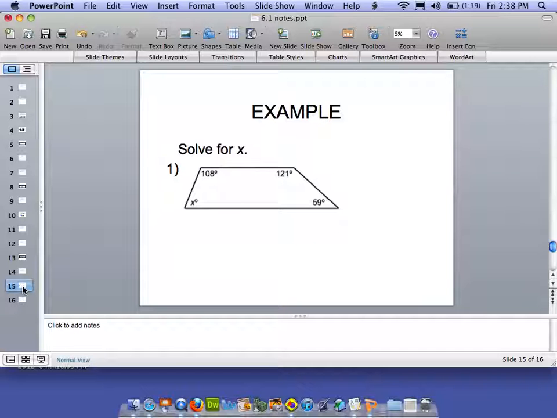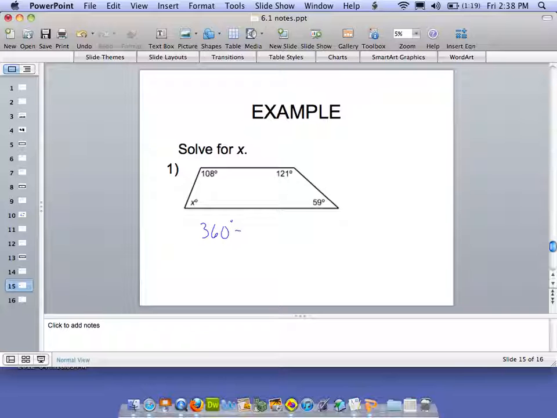Okay, so at the bottom, you have a polygon, and they gave you 108, 121, and 59. They're asking to find the measure of that missing fourth angle. So the first thing you're going to say to yourself is, this is a four-sided figure. I know that these are going to add up to 360 degrees.